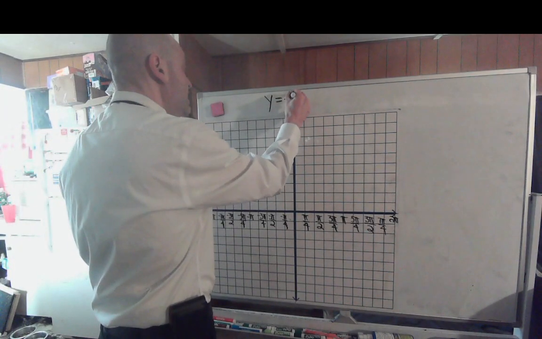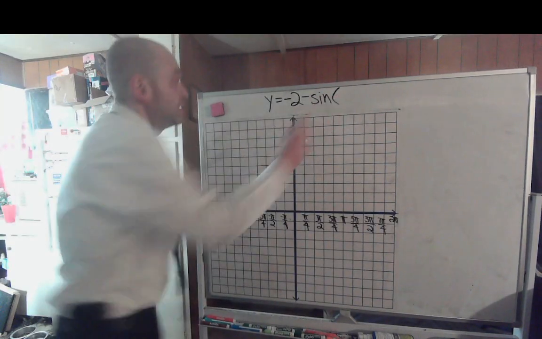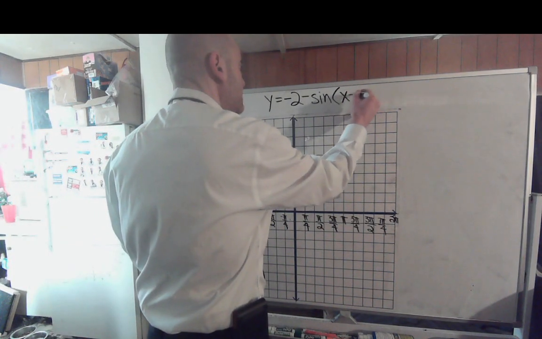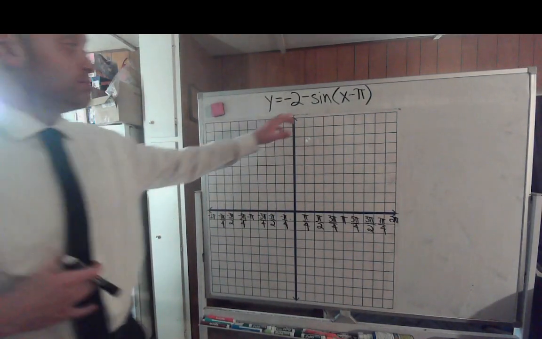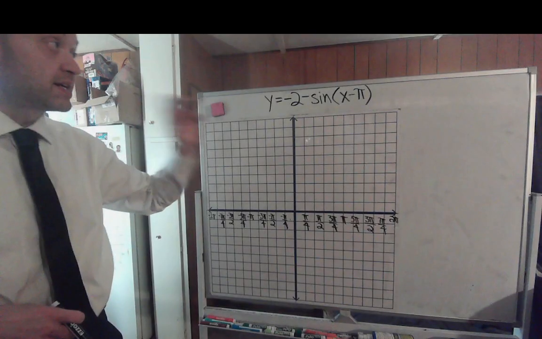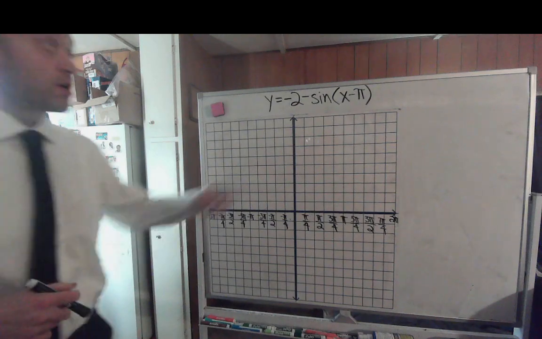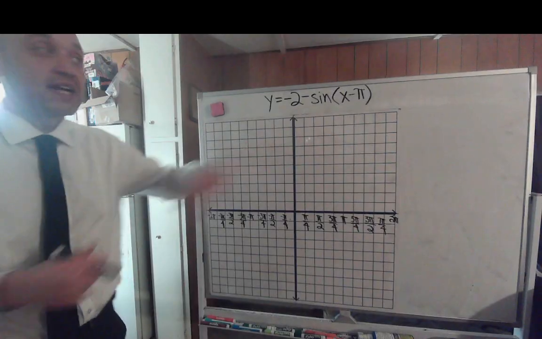Y equals negative 2 minus the sine of, this one ain't so bad, x minus pi. Alright, so y equals negative 2 minus the sine of the quantity of x minus pi. Okay, let's look what our a is. So the coefficient on the sine is negative 1.